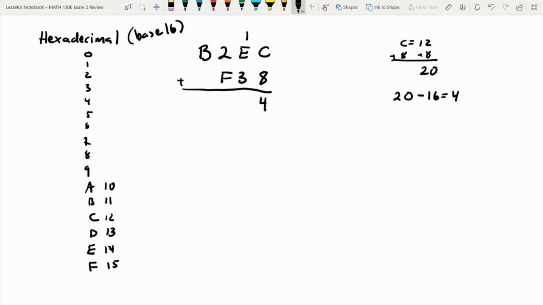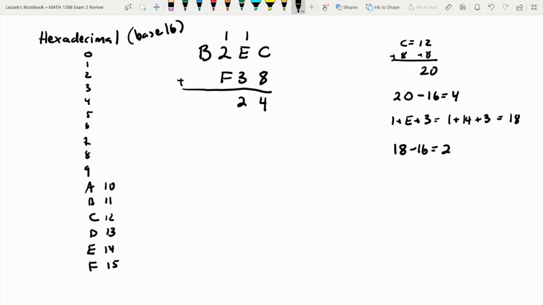All right. So for the second column, we have 1 plus E plus 3, and we just translate E into a digit that represents the number 14. So we have 15, 18. And 18 is larger than our base value, so we subtract the base value to get 2. And we carry 1.